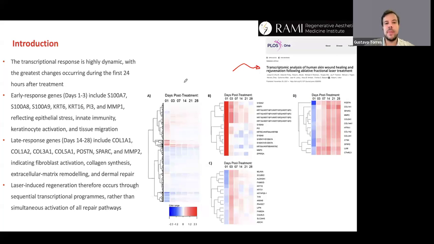So let's say we've done this injury to the skin, and this is essentially what happened here. And then across days, tiny bits of the skin were acquired, and we were looking for alterations in which RNA molecules are present and which RNA molecules are more present, so to say.